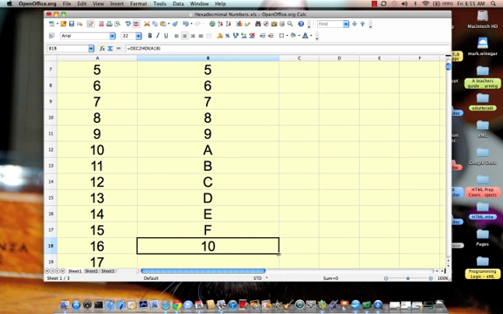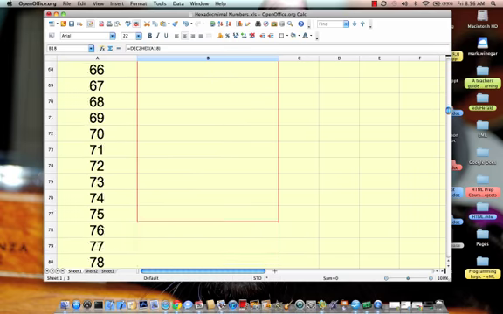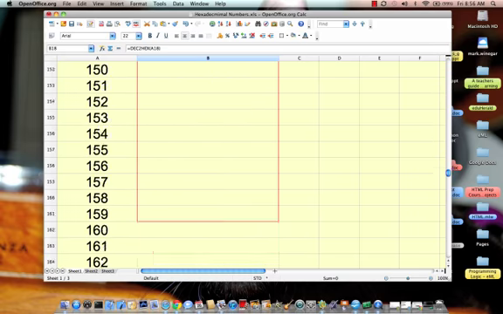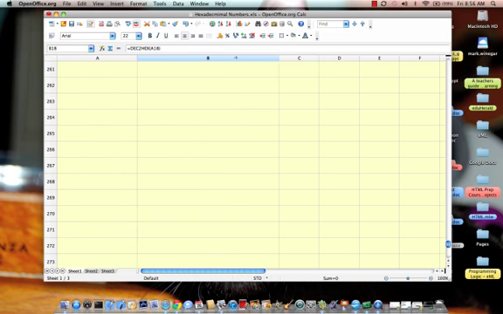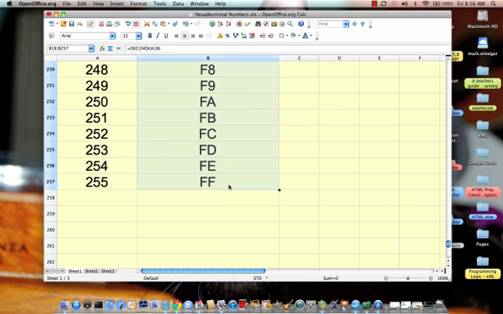I've got the base 10 numbers going all the way down to, I believe, 255. So I'm going to copy my decimal to hex conversion function all the way down. And let's see what 255 looks like. Went a little too far there.